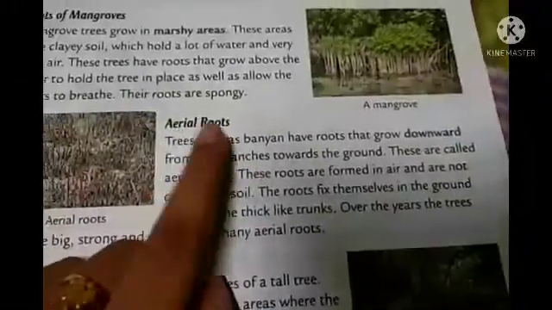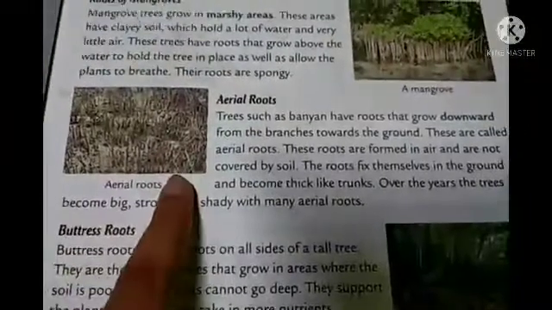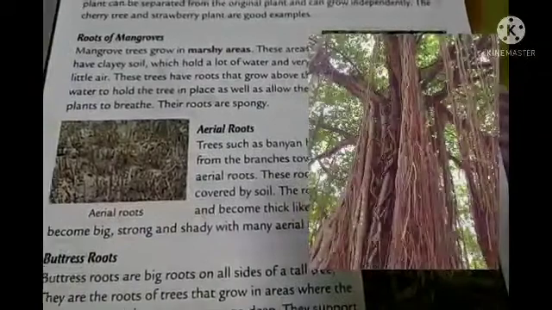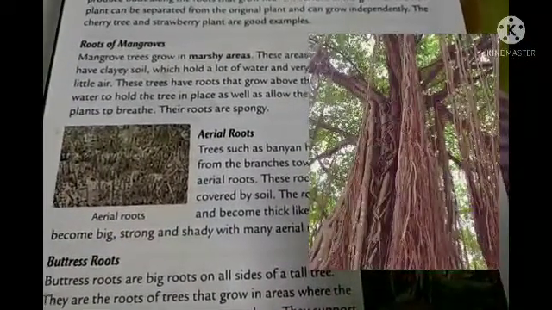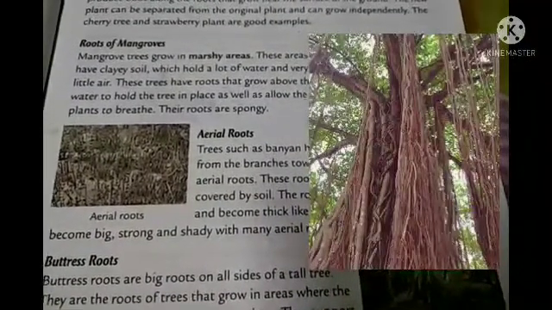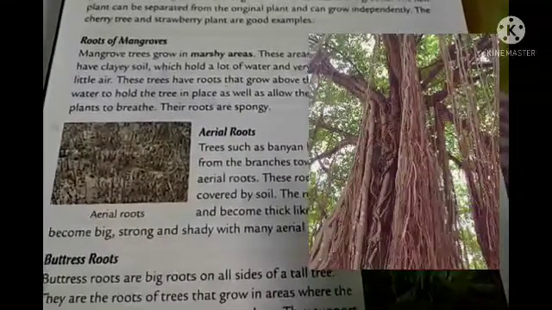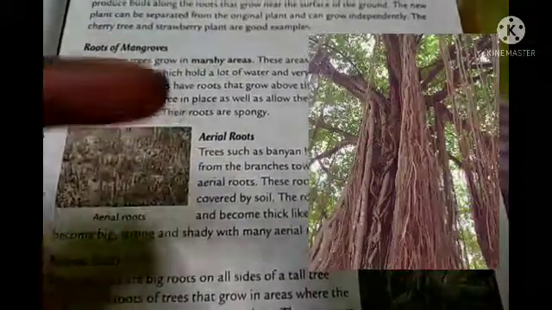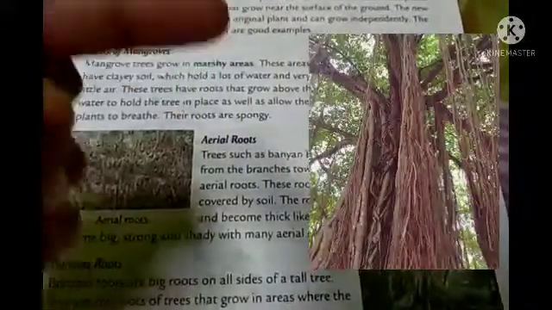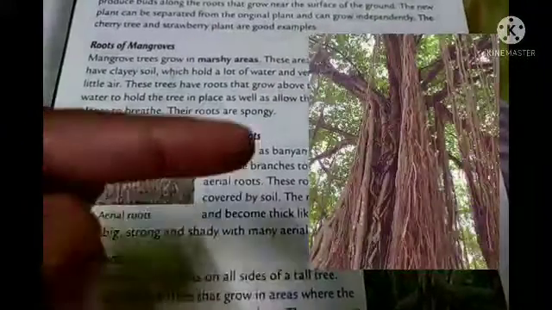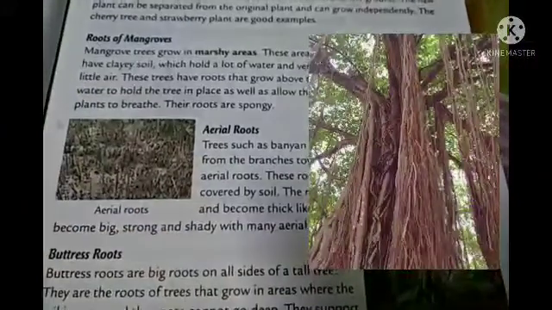Next are aerial roots. In the book pictures are already given, but for your better understanding I have attached another picture. Tall trees, such as the banyan tree, have roots that grow downward from the branches. You can see in this picture the roots coming downward from the branches towards the ground. These are called aerial roots.